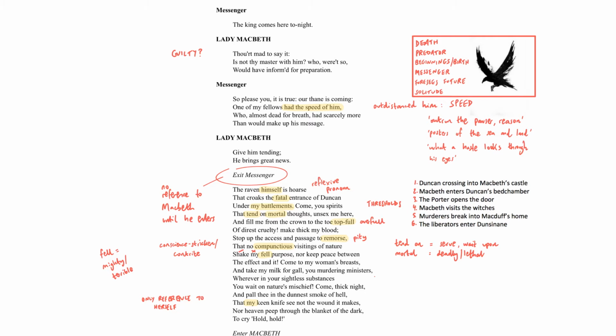Think about what this symbolises about Lady Macbeth as a woman and how it means that paired with Lady Macduff as a foil to her, it's another example of doubling within the play, a structural device. Different critics have interpreted "take my milk for gall" in different ways.